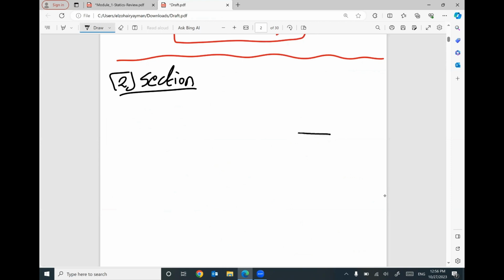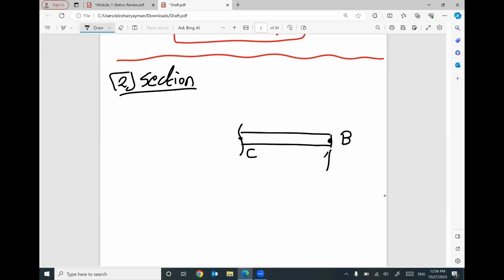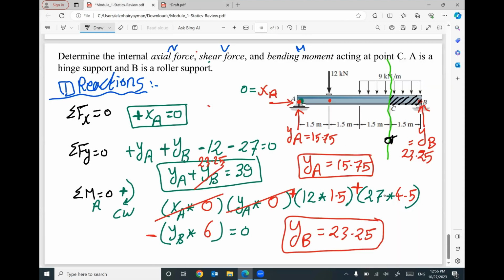I have the right part. I did cut here at point C. This point is point B. At B, I have vertical reaction YB equal 23.25. That makes sense?